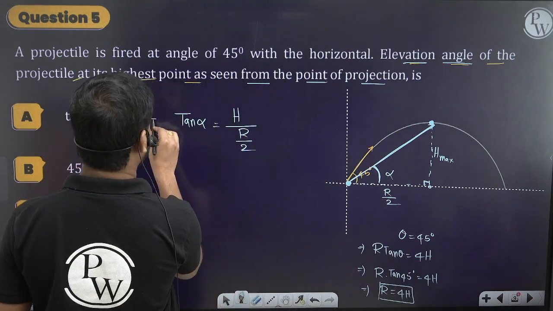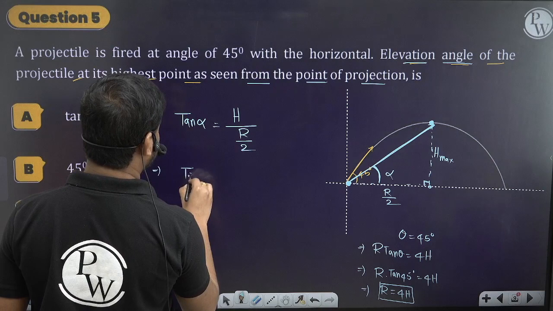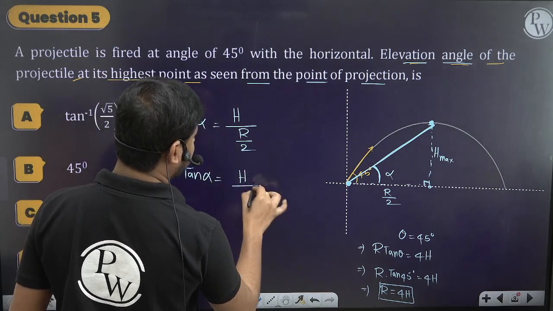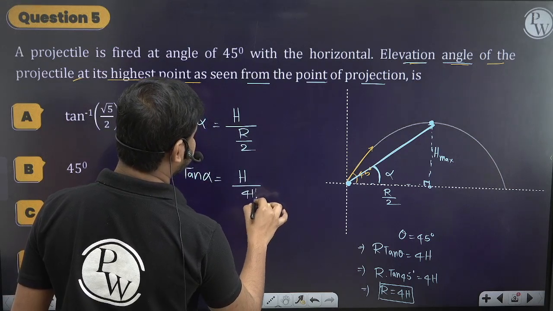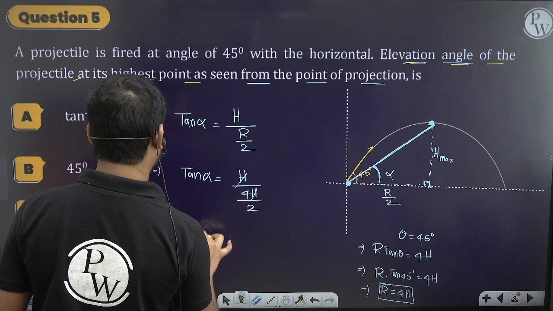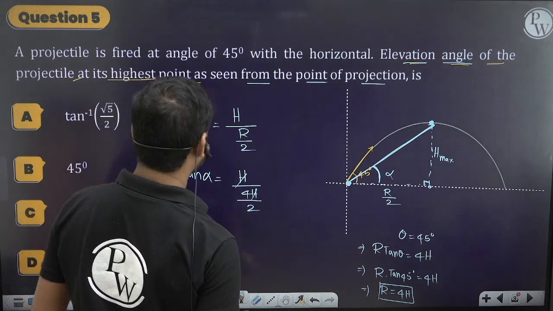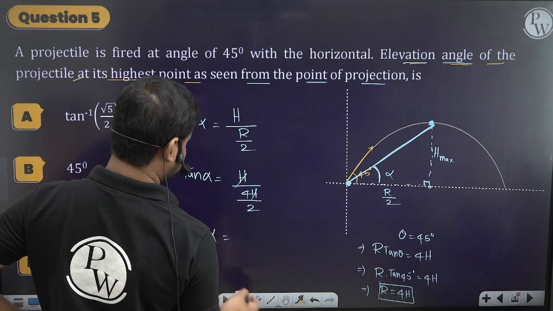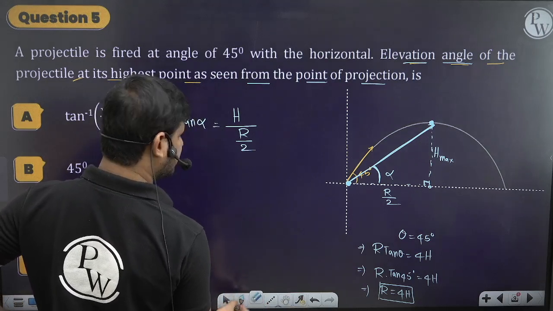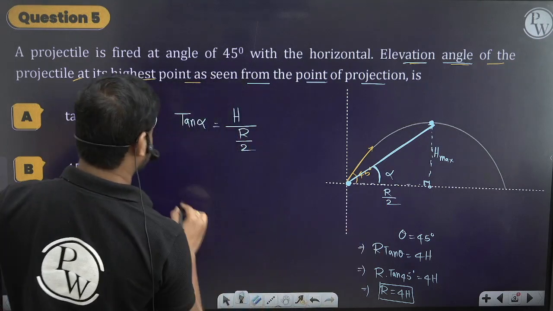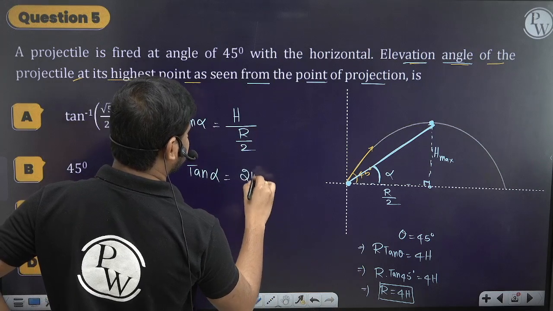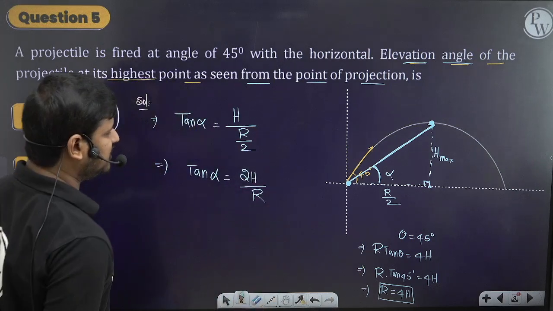So from here, tan alpha is equal to h over r by 2, so in place of r let's write 4h by 2. So the h cancels. So tan alpha is equal to 2h by r, right?